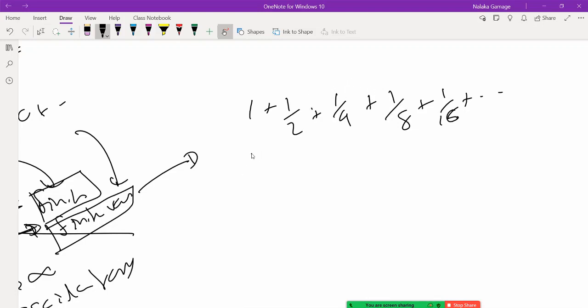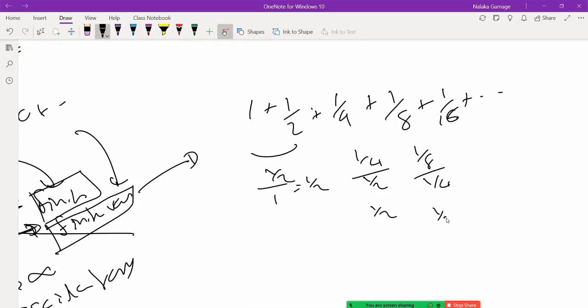Why? There is a common ratio. Half divided by 1 is half. 1 over 4 divided by 1 over 2 is half. 1 over 8 divided by 1 over 4 is half. So this is a geometric series, and R is between -1 and +1, therefore this is a convergent series.